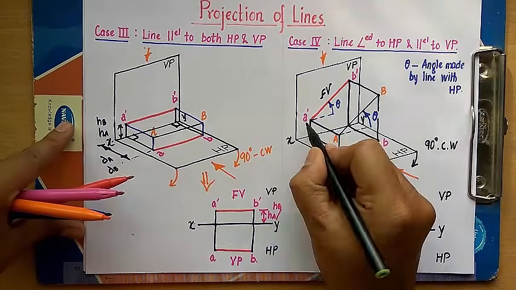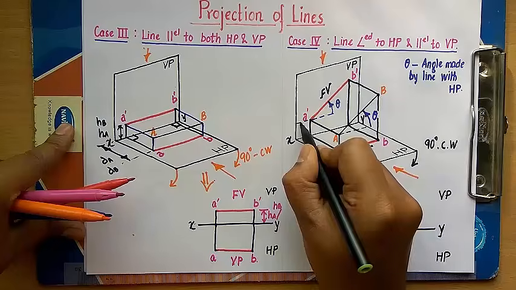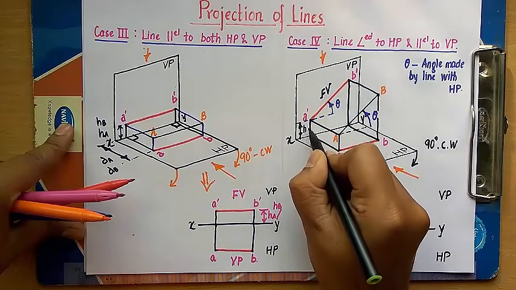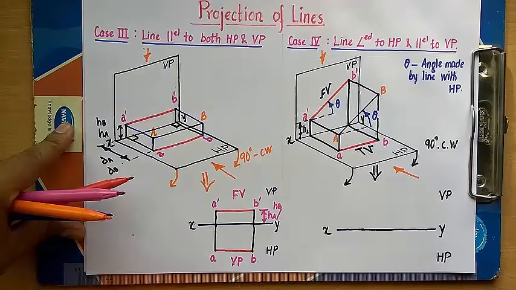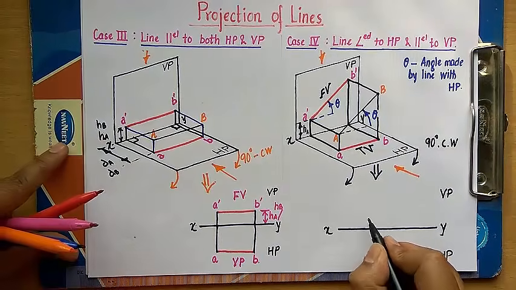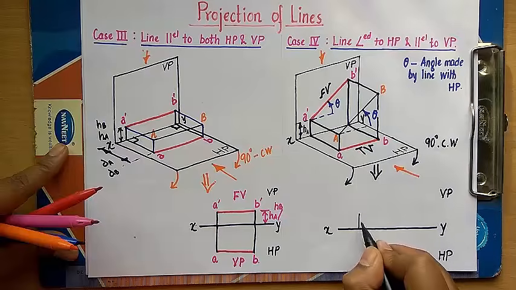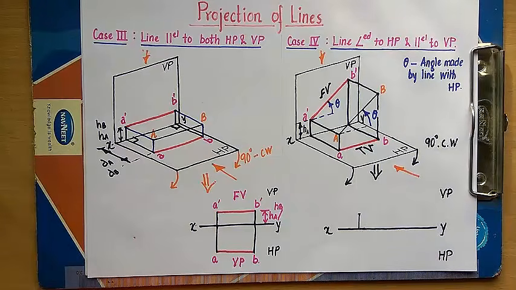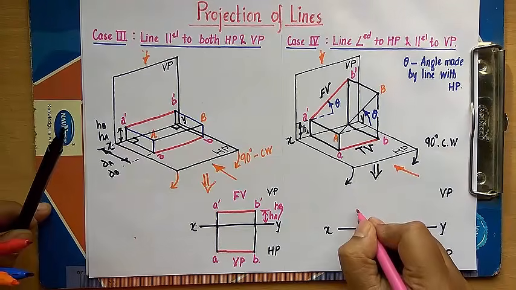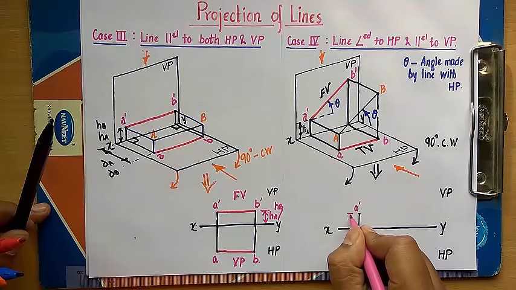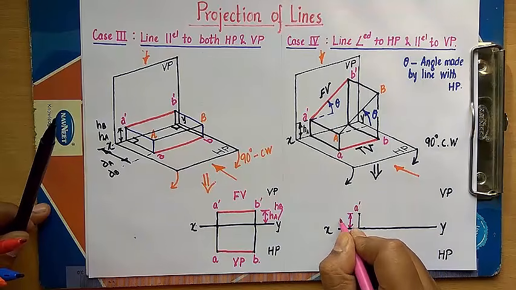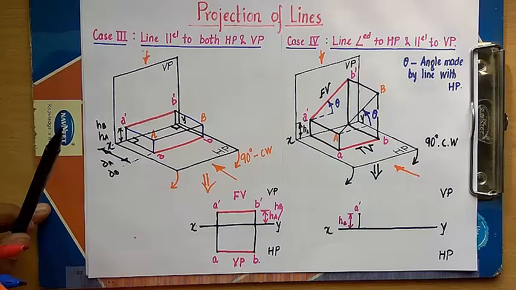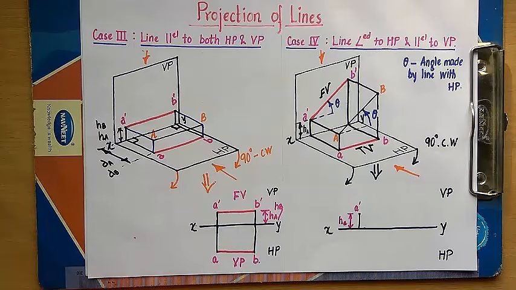Okay, so I need this data. So initially I need this. So this is what we call the height of this endpoint A above the horizontal plane. So this is HA. So I'll go above by an amount of HA, and this point is A dash. This over here is HA. All right, now the next thing to do is to locate this angle.